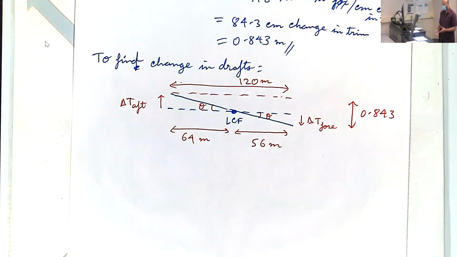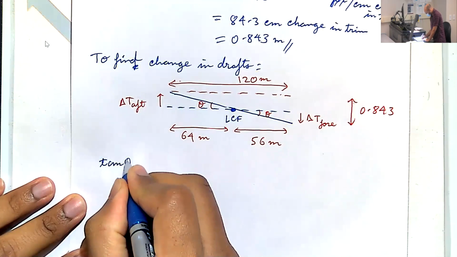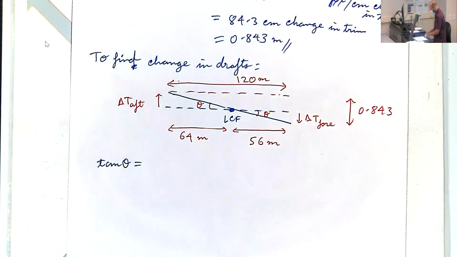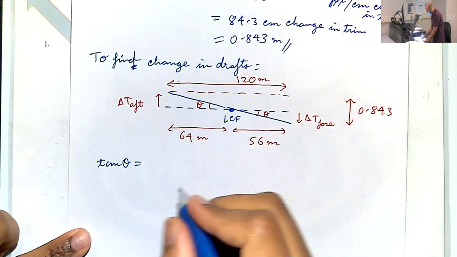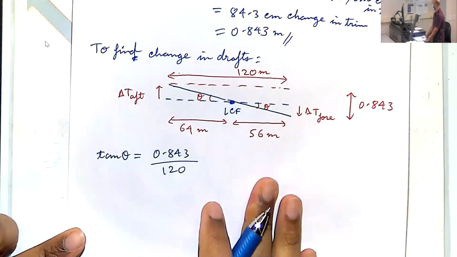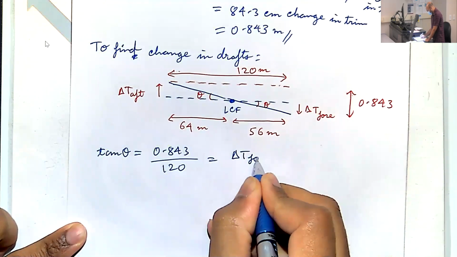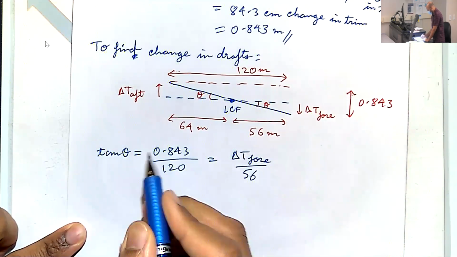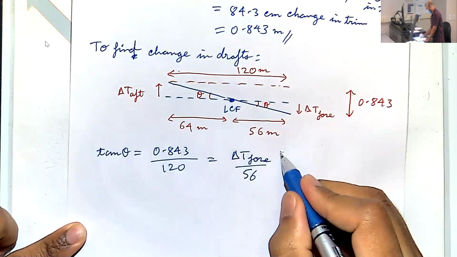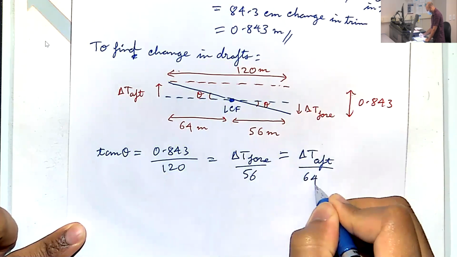Again, we've just drawn our triangles and we'll use trigonometry. So tan theta, the big triangle tells us it should be 0.843 divided by 120. The small triangle tells us it's delta T fore divided by 56. And the small triangle in the back tells us it is also equal to delta T aft divided by 64.